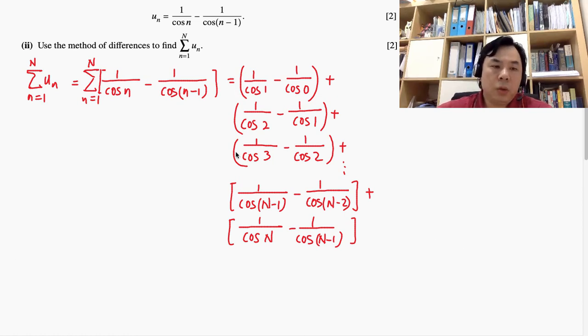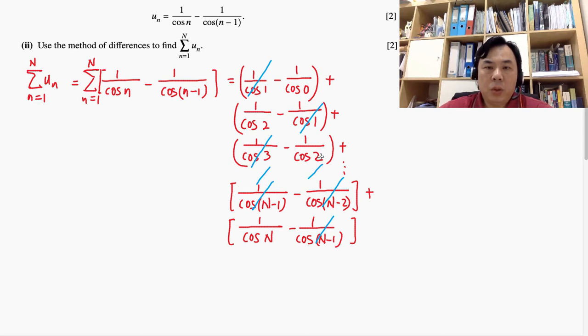And then you notice that from here, we can eliminate this term and this term here. You will notice that this one can also be reduced with the previous term, and at the same time, we can reduce this. And at the same time, we can also reduce this with the previous term here.